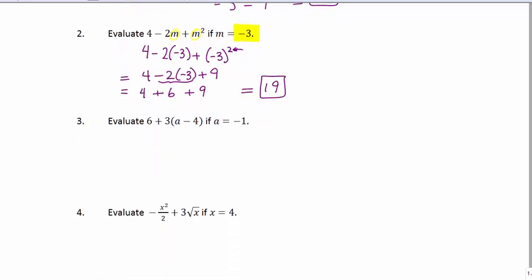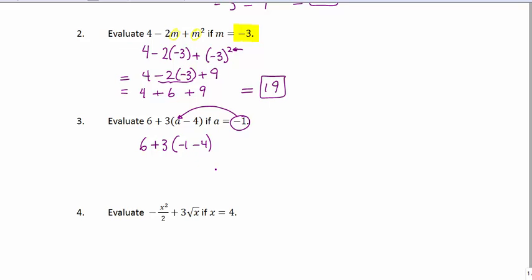Okay, example 3. 6 plus 3 times the quantity a minus 4 if a is negative 1. So I'm taking this negative 1 right here and I'm putting it in where the a is. 6 plus 3 times the quantity negative 1 minus 4.